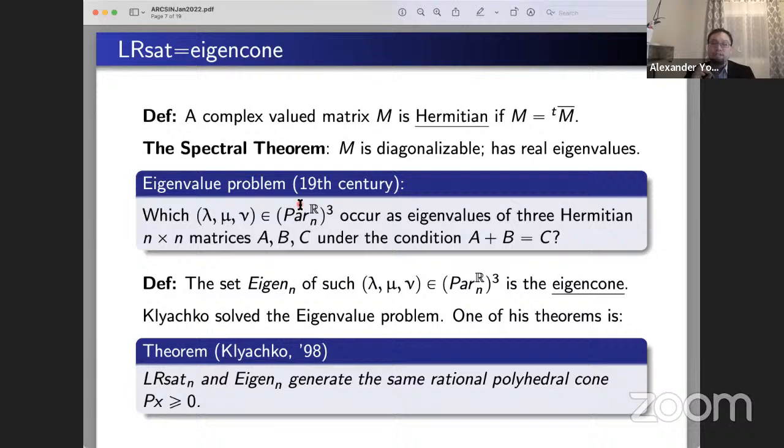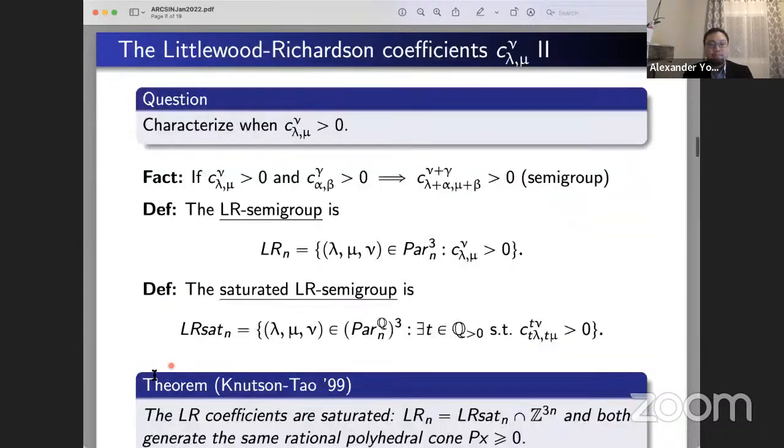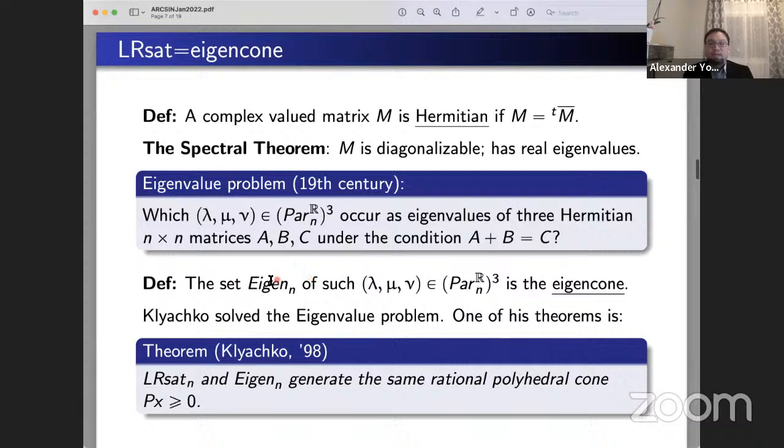His solution, one of his theorems, says the following. The eigencone and the LR sat cone are the same thing. They generate the same rational polyhedral cone, P x greater than or equal to 0. LR sat, remember, is this funny thing over here, and eigencone refers to this problem.